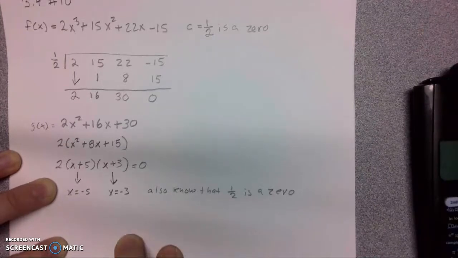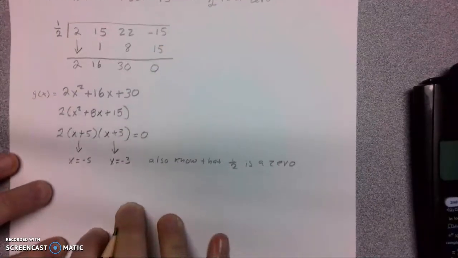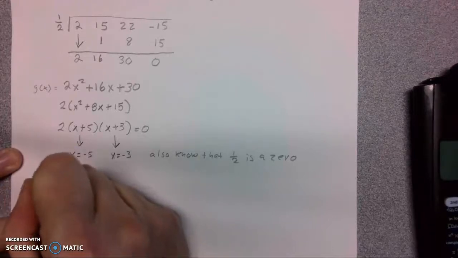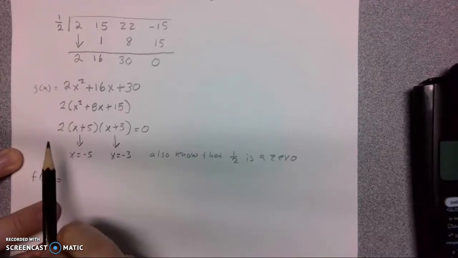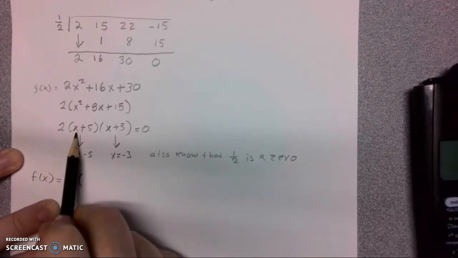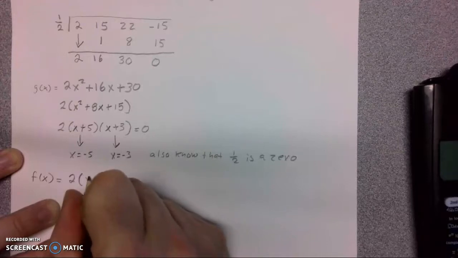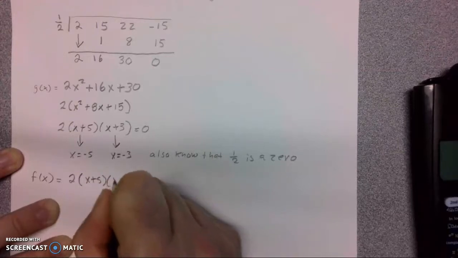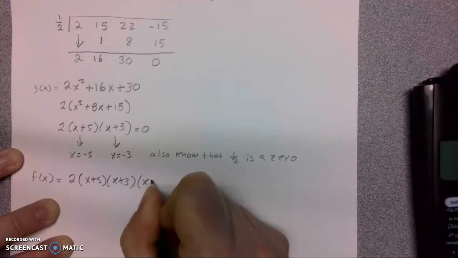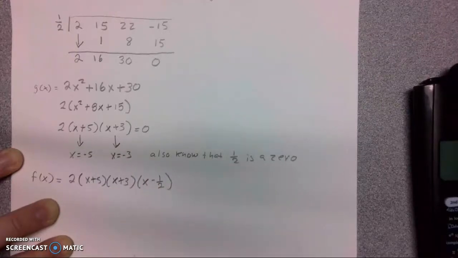Okay, so we can write our polynomial now. So back to the f of x. We need the 2 that we factored out. Then we'll have x plus 5, x plus 3, and then this x minus 1/2.